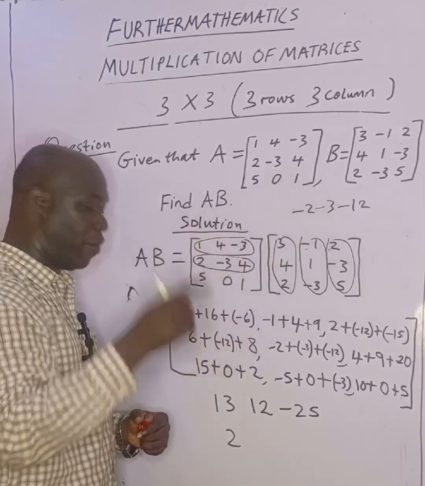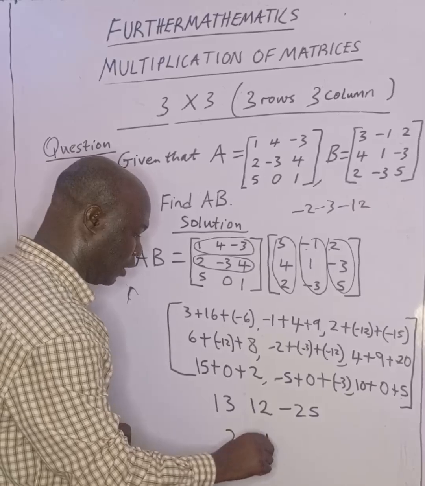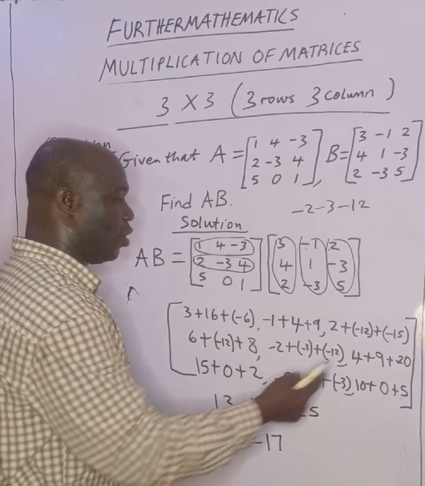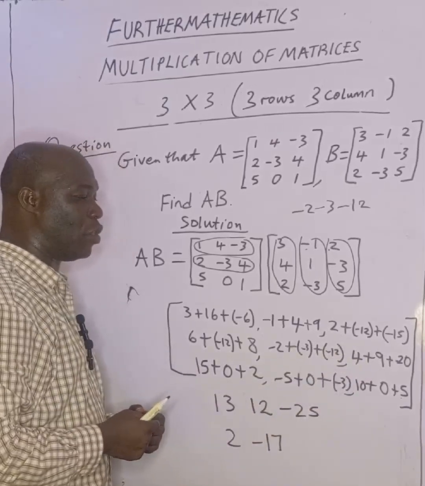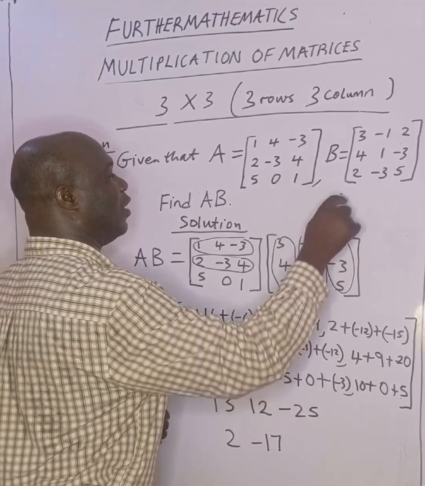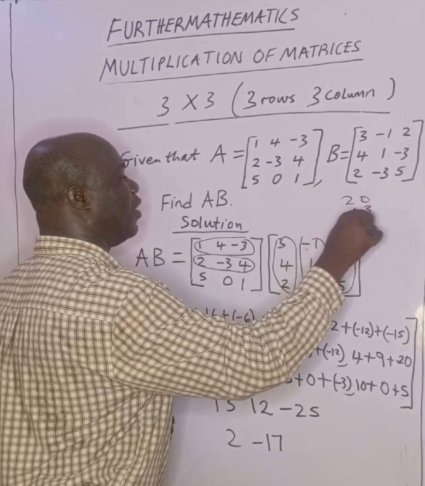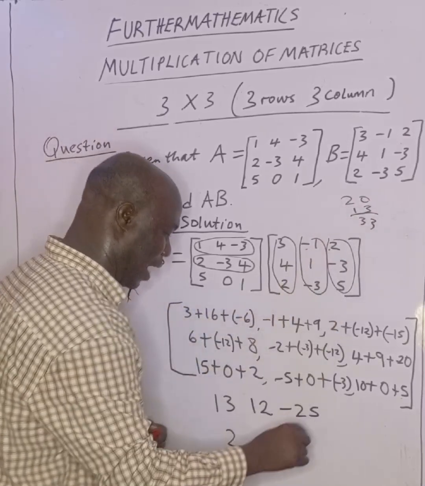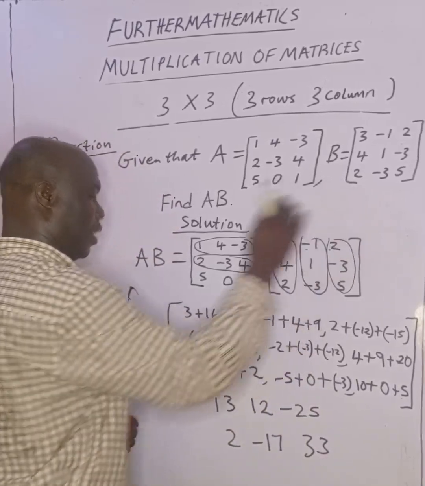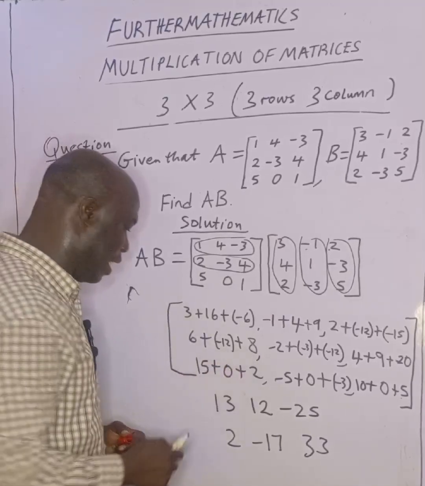Minus 5 minus 12 is minus 17. Thank you. I know some students are following up. Thank you. So 4 plus 9 gives you 13. So 13 plus 20, that's 33. All right.